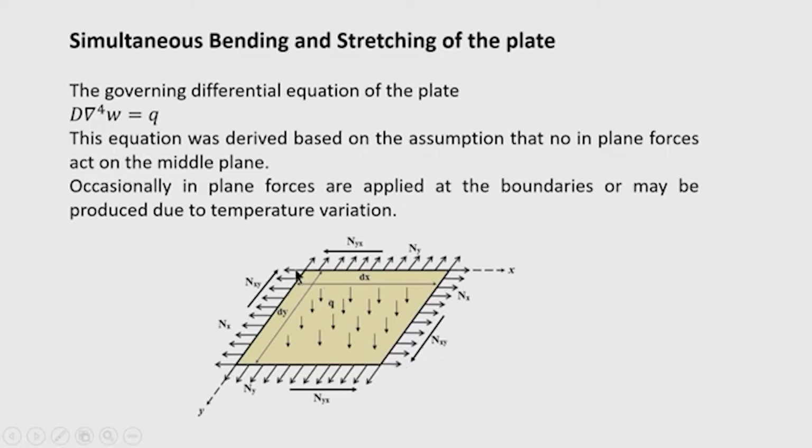So, at x is equal to 0 edge and x is equal to a edge, the in plane forces are denoted by Nx, and y is equal to 0 and y is equal to b edge, the in plane forces are denoted by Ny, and this is also constant, that means uniform along the edges.